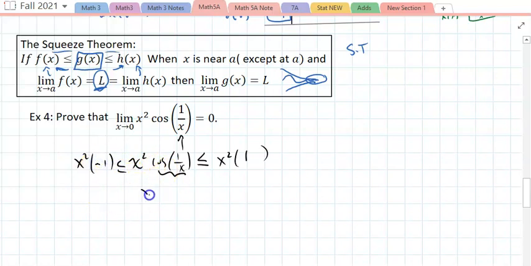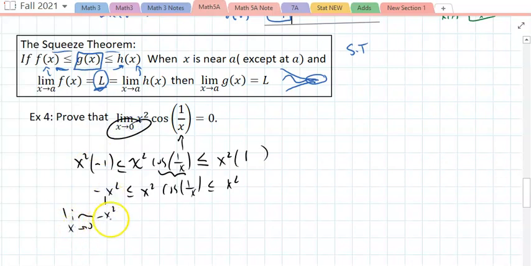So wouldn't you say x squared cosine of 1 over x is between x squared and negative x squared? Now if I take the limit as x approaches 0 of negative x squared, plug that in, isn't that a 0? Negative 0 squared is 0. And if I take the limit as x approaches 0 of x squared, that's 0 squared, which is 0.